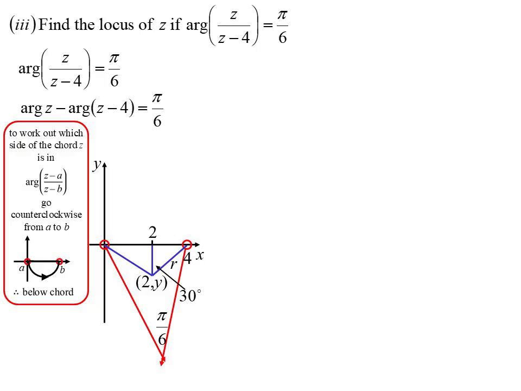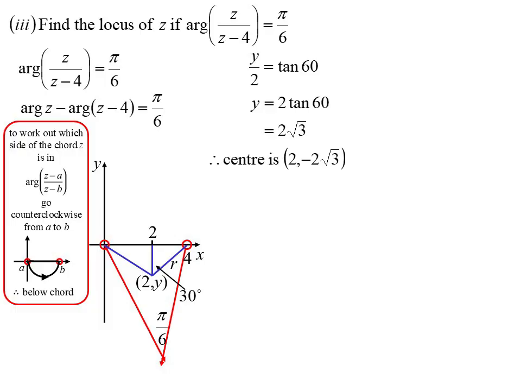Now, because I'm splitting the angle of the centre into 2, then the angle in the right angle triangle must match the angle here, pi on 6. I can now do a trick. The y on 2 is tan of 60, so I end up with 2 root 3. Well, I've said y is 2 root 3. I probably should have said the absolute value because we're below, so it's going to be a negative number. But I've now got the y value of the centre. And the radius? A bit of Pythagoras. And the radius turns out to be 4.